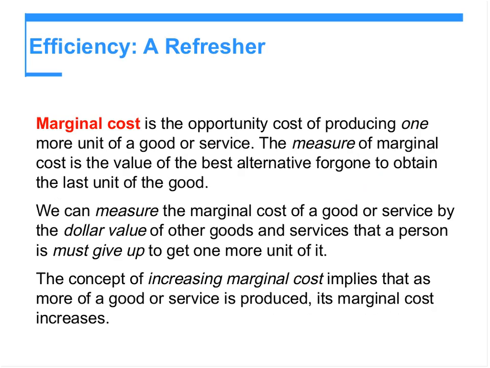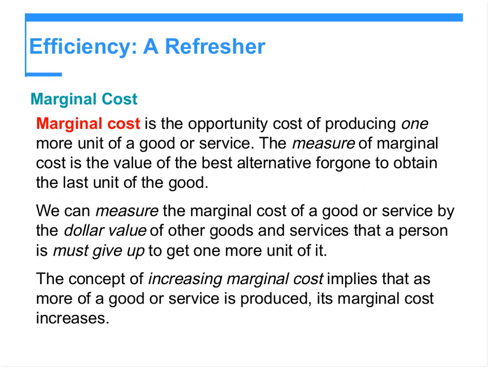So look at here, we're going to talk about a concept called marginal cost. What is marginal cost? Marginal cost is the opportunity cost of producing one more unit of a good or service. A measure of marginal cost is the value of the best alternative forgone to obtain the last unit of the good. Very simple.